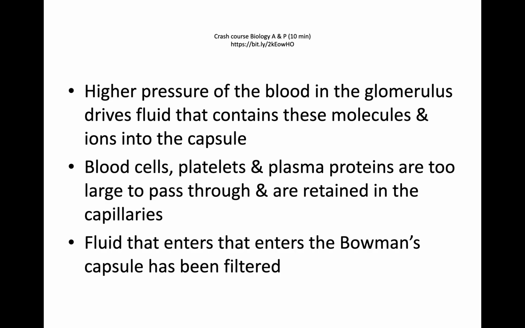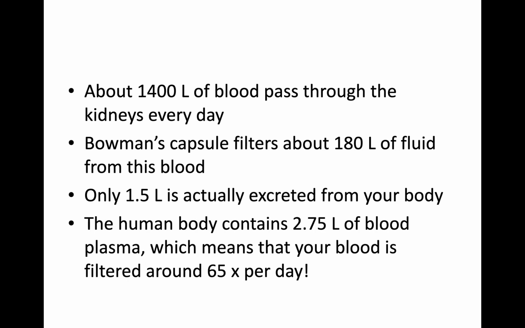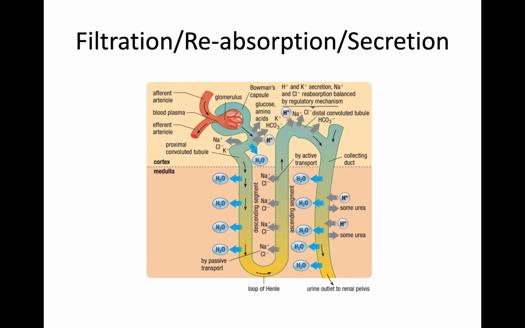Once again, the blood cells, platelets, and plasma proteins are too large, and they stay in the blood flow, and the rest comes into the Bowman's capsule. Lots of blood passes through the kidneys every day, and only 1.5 liters is actually excreted from your body.